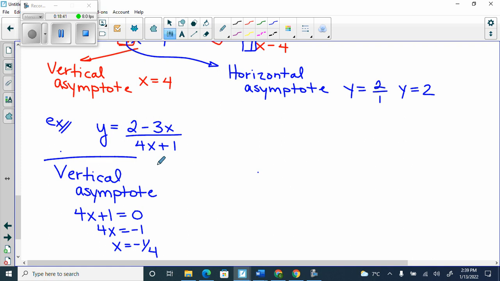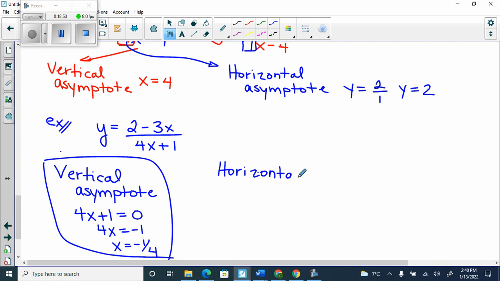So vertical is always your denominator one, because vertical lines are always x equals lines, and horizontal lines are always y equals lines. Then the horizontal asymptote is the leading coefficients when they're degree 1. So this is degree 1, this is degree 1. Then this, -3/4, will be my horizontal asymptote.